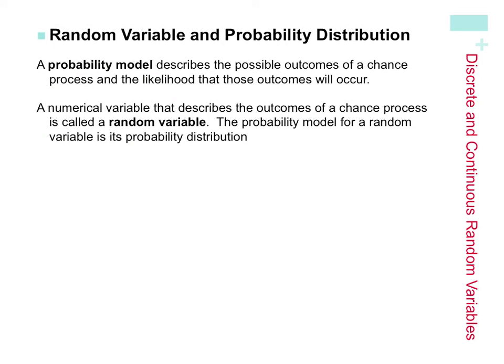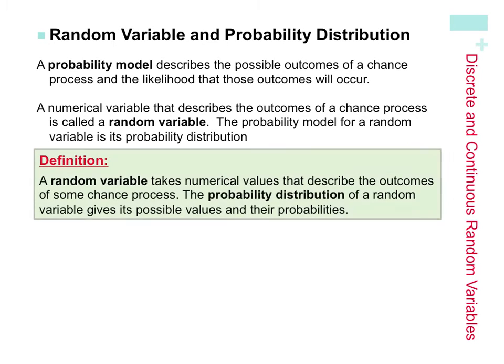So a probability model describes the possible outcomes of a chance process and the likelihood that these outcomes will occur. A numerical value that describes the outcomes of a chance process is called a random variable. So the probability model for a random variable would also be a probability distribution. So you can have probabilities of random variables, okay?